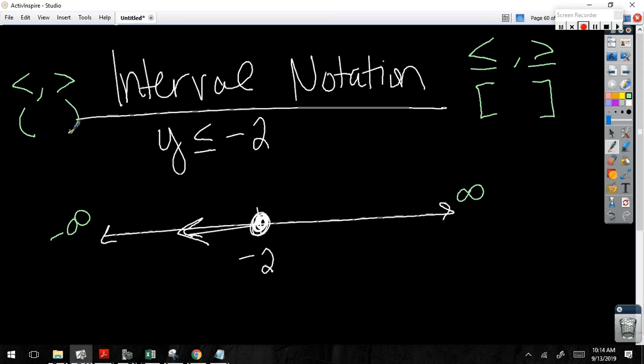Interval notation is exactly what it sounds like. It's a way to write an interval of numbers to indicate inclusive, exclusive, and give a range of numbers, basically. And you always have to start with interval notation, smallest to biggest.